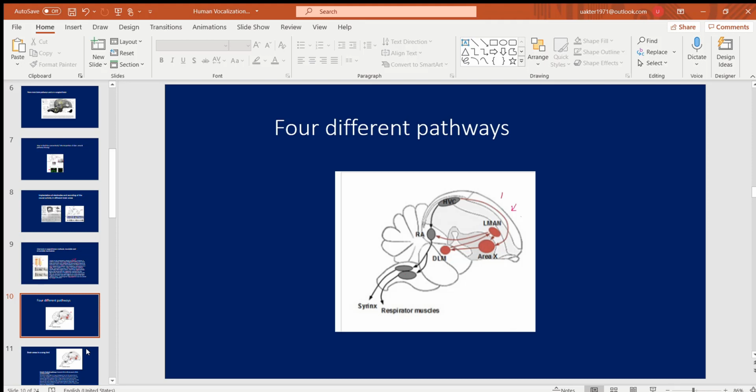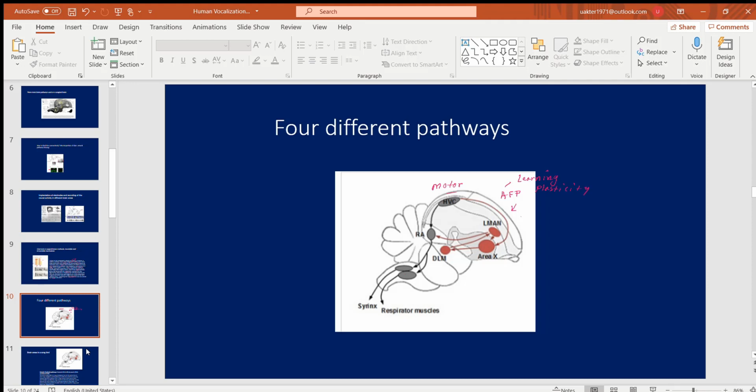So this is the anterior forebrain pathway, red, and this is the motor pathway. The anterior forebrain pathway is necessary for song learning and plasticity. So this is responsible for the learning and plasticity.